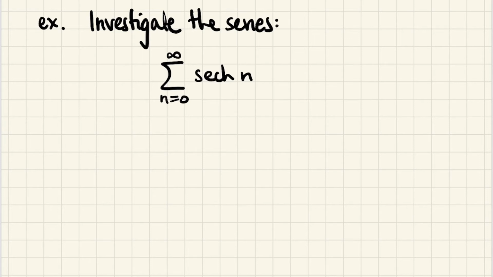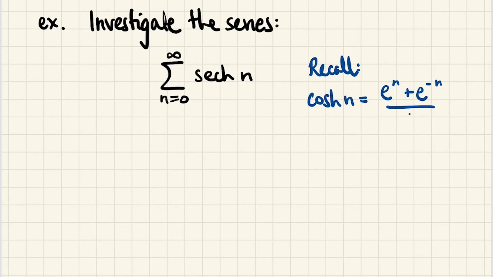So let's just recall that cosh of n, or cosh of whatever, is e to the thing plus e to the negative of the thing, divided by 2. So hopefully you know that. And therefore, you can deduce that sech would be the reciprocal of that, as the reciprocal relationships from trigonometry apply here in hyperbolic functions.